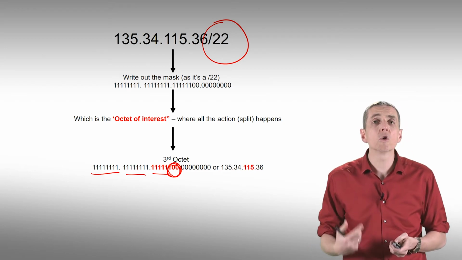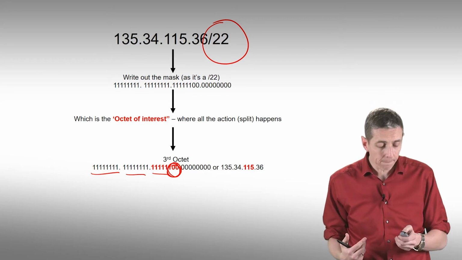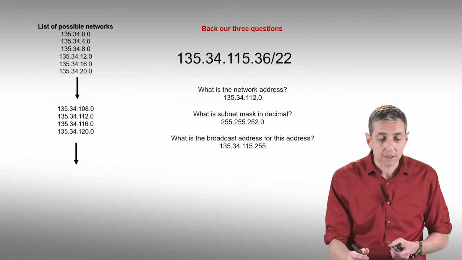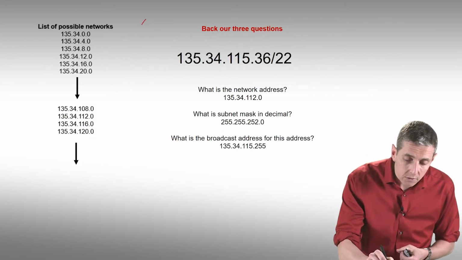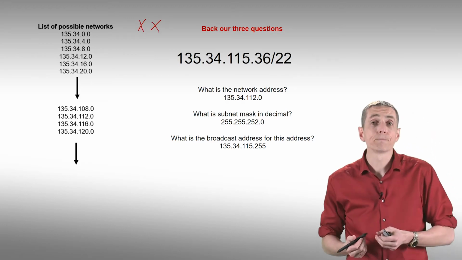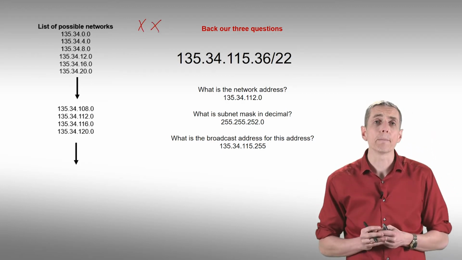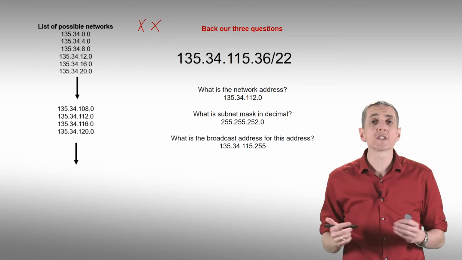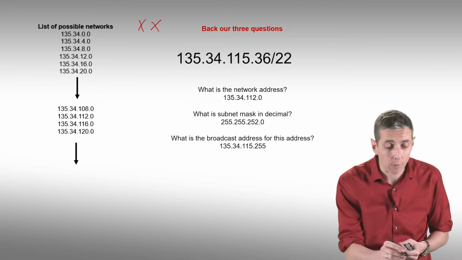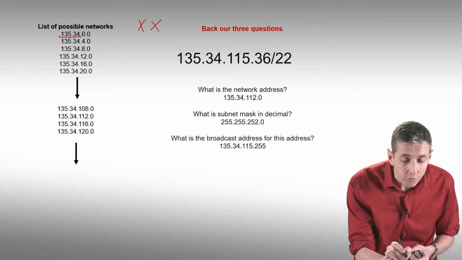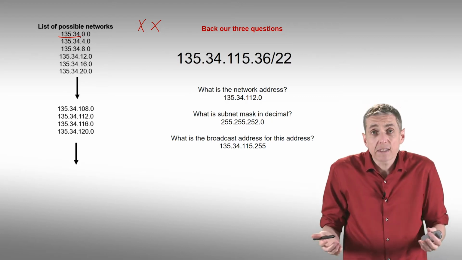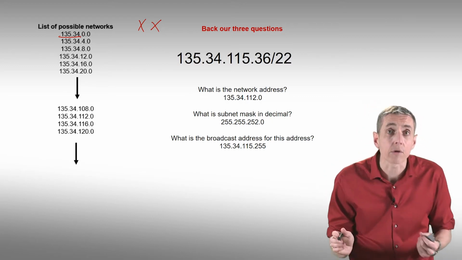So if I've got 2 bits, I want you to look at this. I'm just going to call them X and X, and you'll see this straight away when you think about it. What will my first network be? Well, I know it has to be 135.34. That's fixed. The first network is going to be 0.0.